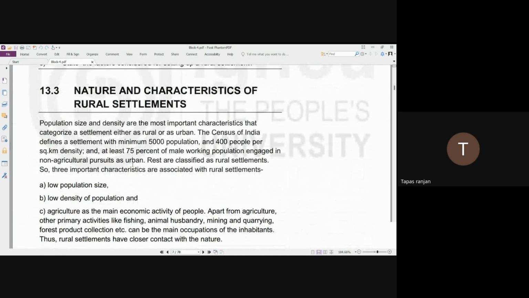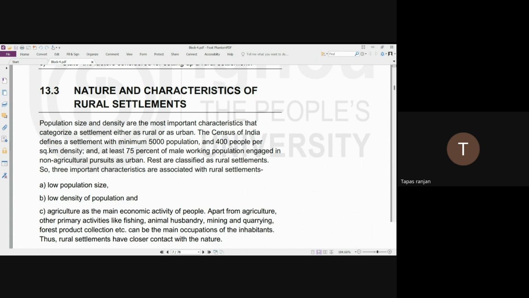And what is the nature and characteristics of rural settlement? Everything that is found in villages constitutes the characteristics, elements and components of rural settlements. In the previous class we discussed how the Census of India defined settlements.